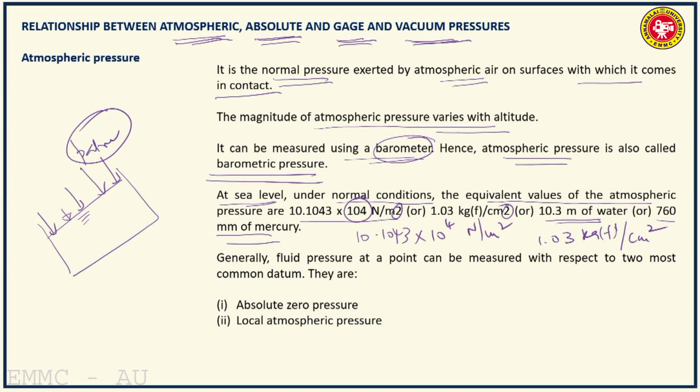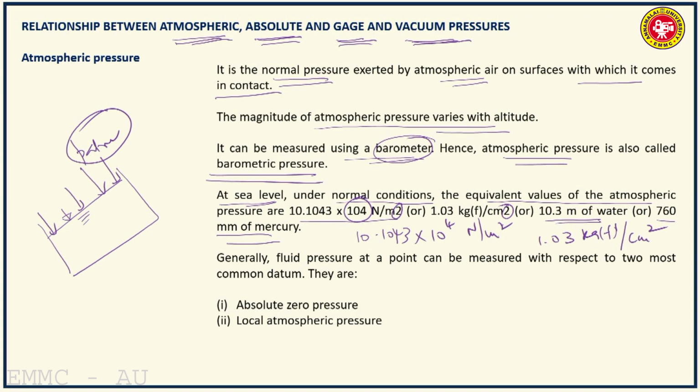So, at sea level under normal conditions, the equivalent values of the atmospheric pressure are expressed as an intensity in the SI system, or kilogram force per centimeter square in the MKS system, and 10.3 meters of water as a pressure head in terms of equivalent column of water, or in terms of equivalent column of mercury as 760 millimeters of mercury.